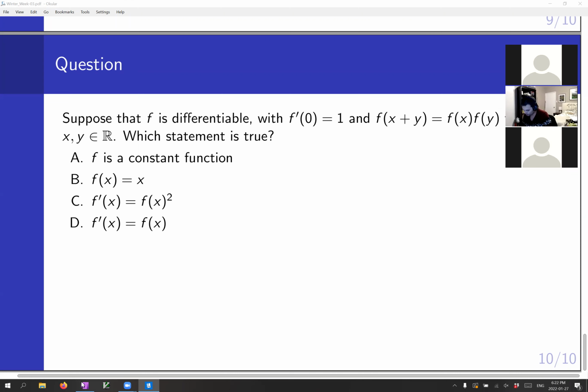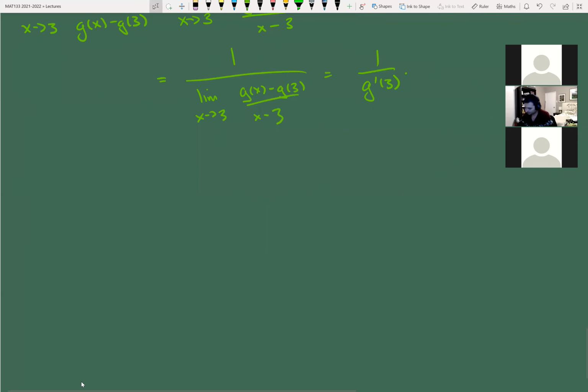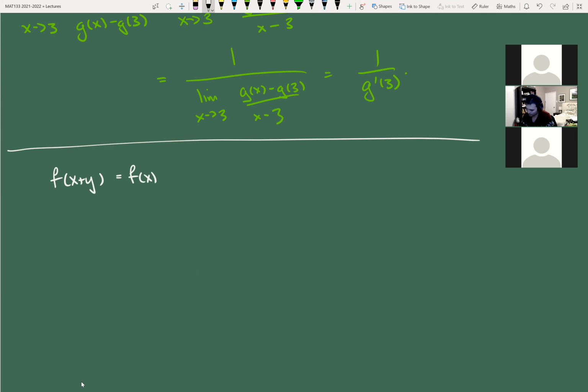What we want to do is, hopefully this looks like the numeracy question. We're told f of xy is f of x times f of y, and that f prime of 0 is equal to 1. We're interested in some information about f prime.